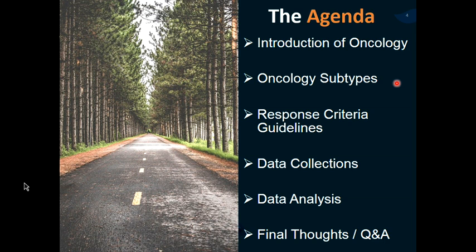We're also going to talk about their response criteria guidelines and oncology-specific data collection such as CDISC data standards, and also data analysis such as overall survival and progression-free survival. Then we're going to conclude our webinar with the final thought and Q&A.